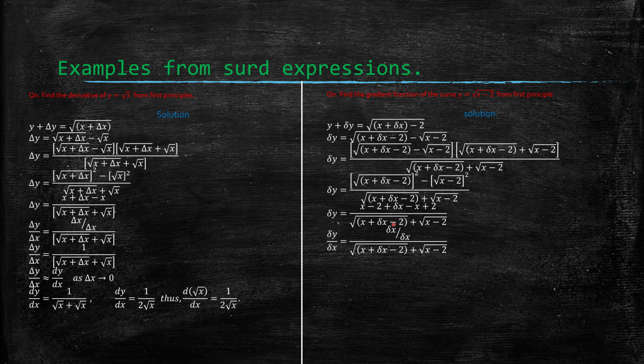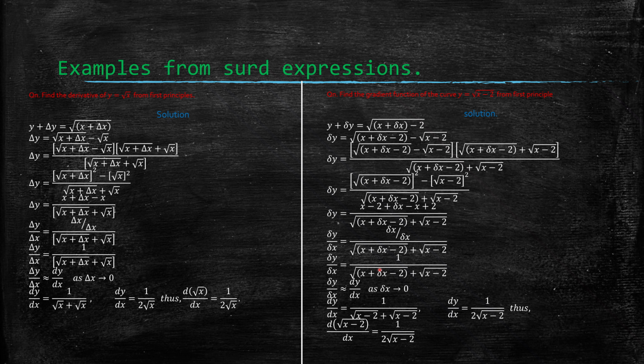When you further simplify, you're going to have small change in y over small change in x being equal to small change in x over small change in x times the denominator that we do not tamper with. When you further continue, you're going to have that. And when we take limits, small change in y over small change in x is going to approximate to dy/dx as small change in x approximates to 0.